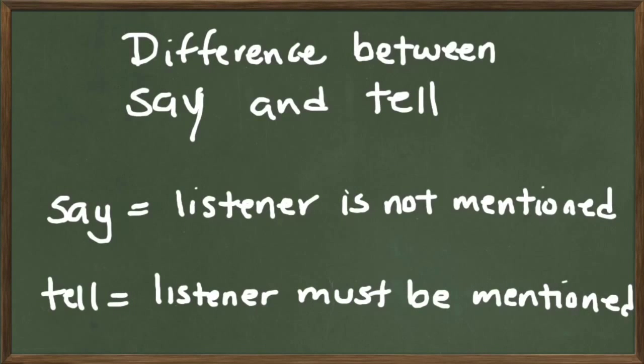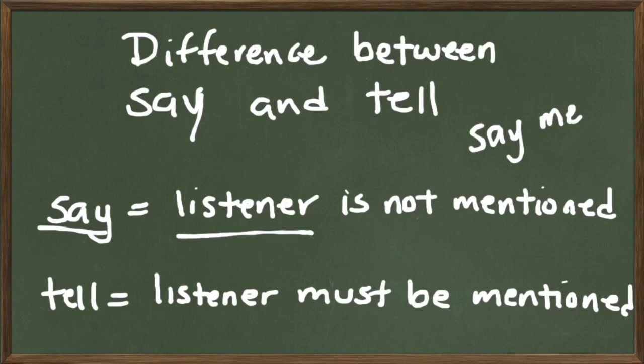Now there's a big difference between the verb say or said and tell or told in the past. When we use say, we do not mention the listener. A very common mistake that people make is "say me" or "say him." That is absolutely incorrect, so don't even write it down.